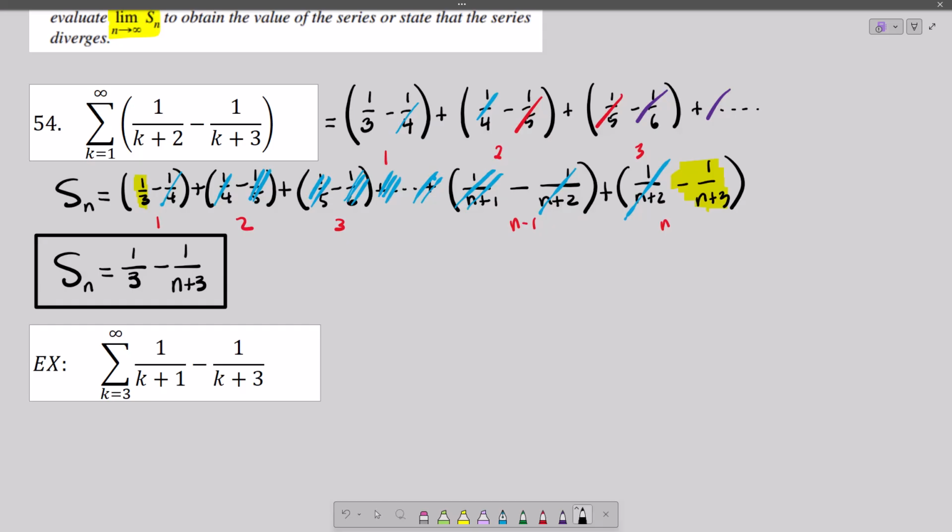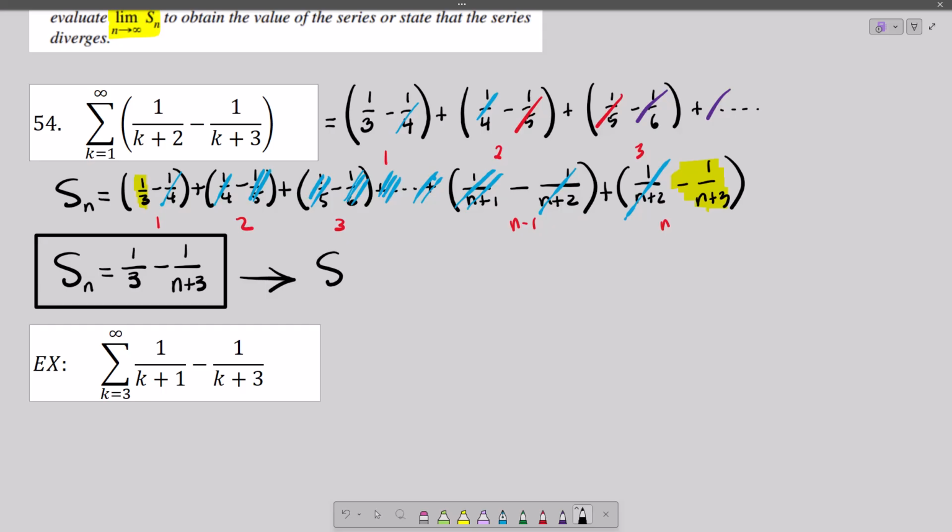And that's what we're looking for. Whenever possible, we want to find S sub n. And a telescoping series is the only other series that we're going to look at where S sub n can in fact be found. That's great. What do we do with S sub n? If we want to find the sum of the series, we take the limit of S sub n.